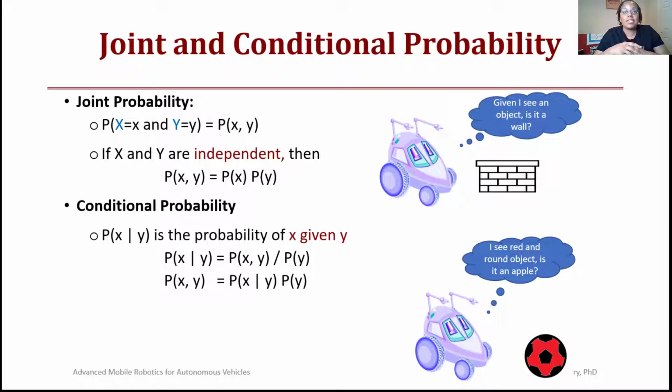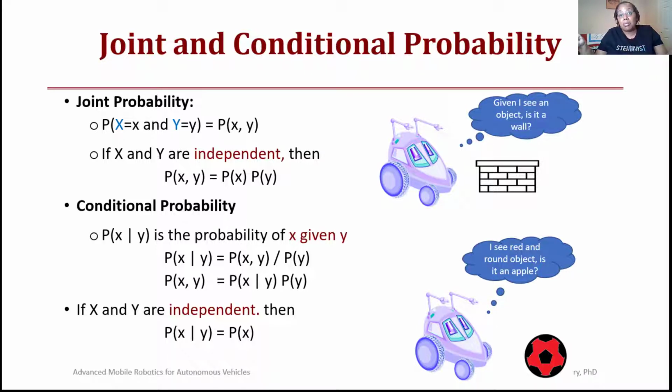And then once again, if X and Y are independent, then the probability of X given Y is just the probability of X. As we see here, I see red and a round object. Is it an apple? Don't know. It could be a red soccer ball.